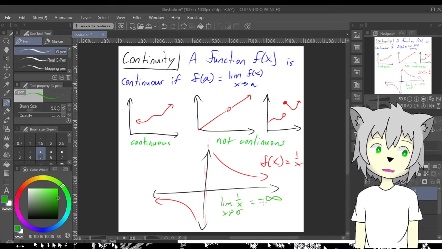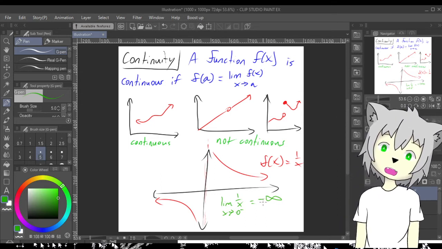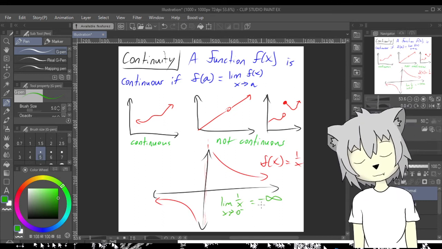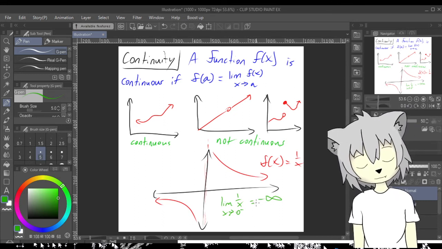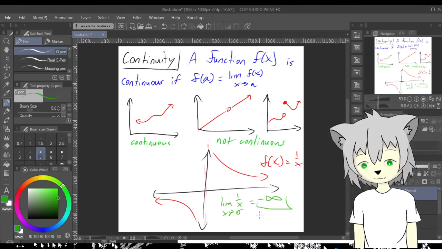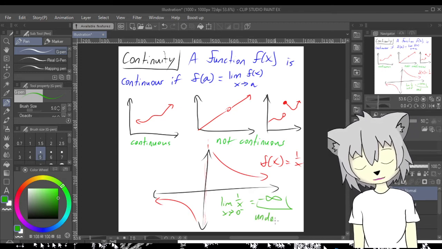Typically, since infinity technically isn't a number, although it approaches negative infinity and goes on forever, it's technically undefined, even though it goes to infinity.